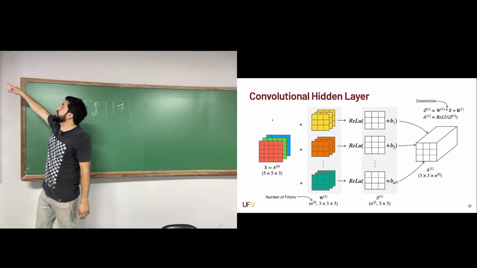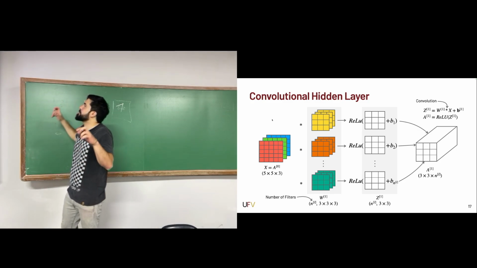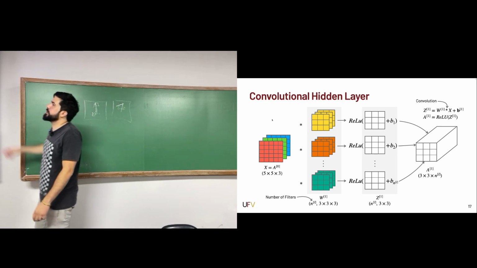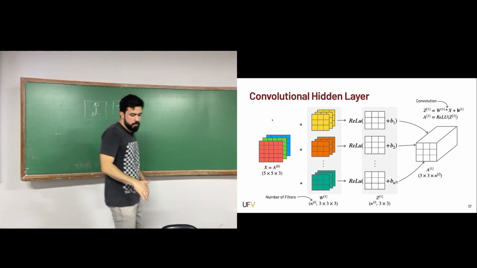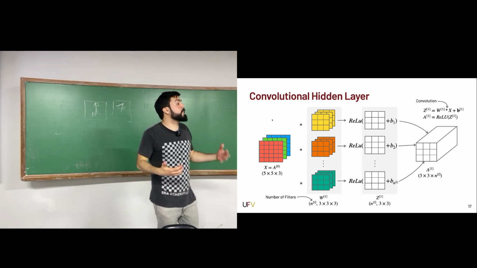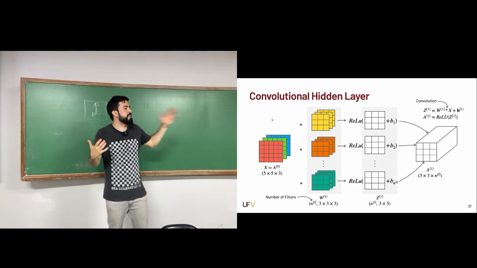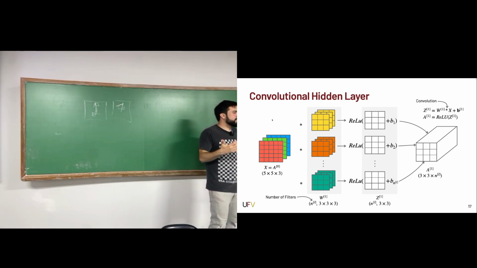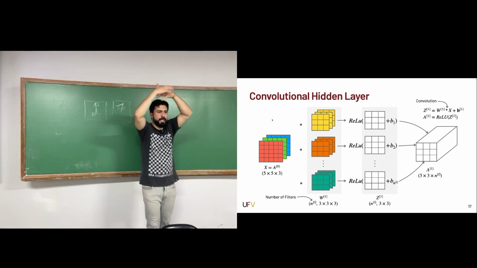And then we apply a ReLU to the Z1. Z1 is the linear part of our convolutional hidden layer. And then we have the ReLU or any activation function to add a nonlinearity. Okay? If you think about convolutions, they are still sums and multiplications, right? Convolutions are still a weighted sum in a matrix form.